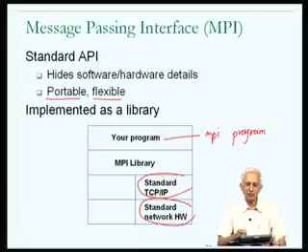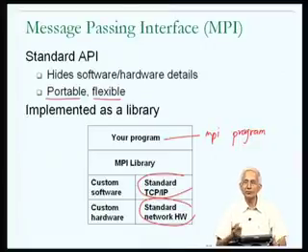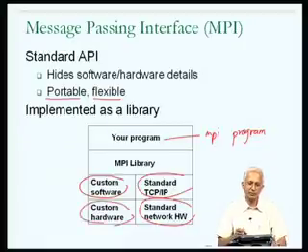That's one possibility of what the setup could be on the parallel machine you are dealing with. The other possibility is that there could be some custom software, some handcrafted networking functionalities, send and receive functionalities that were created for the system you're dealing with. That would be called custom software, which was necessary because the hardware was also specially designed for that particular system.